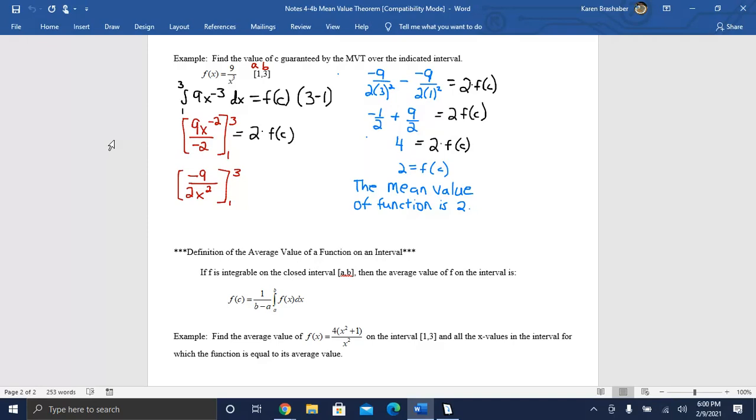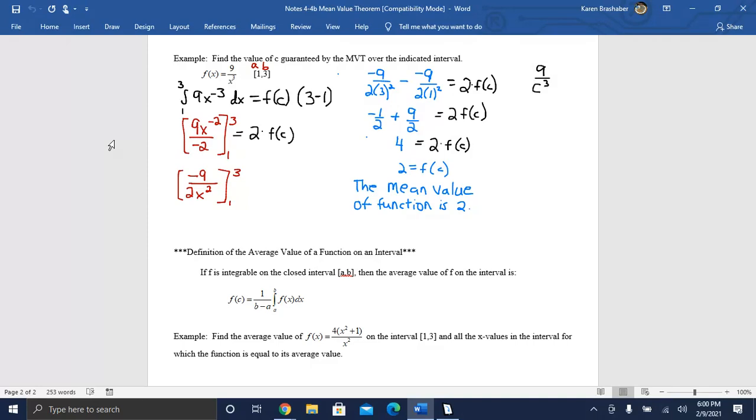To find the c value, which is what we're going to do next, we will set f of c equal to the mean value. That just means that you're going to use f of x, your original f of x, which was 9 over x to the third, but instead of x, I'm going to use c.